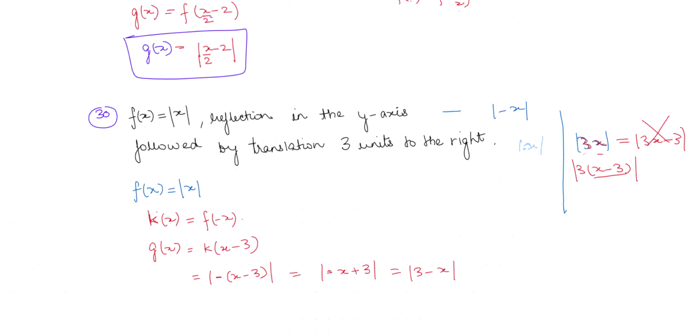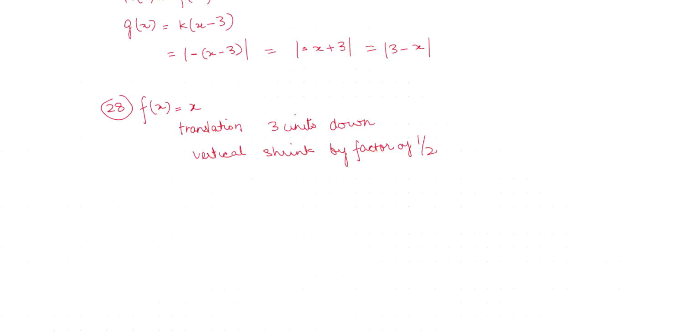We can do one more problem. So f of x is given as x, and we have to do translation 3 units down. So it would be f of x minus 3. And then vertical shrink by a factor of half.